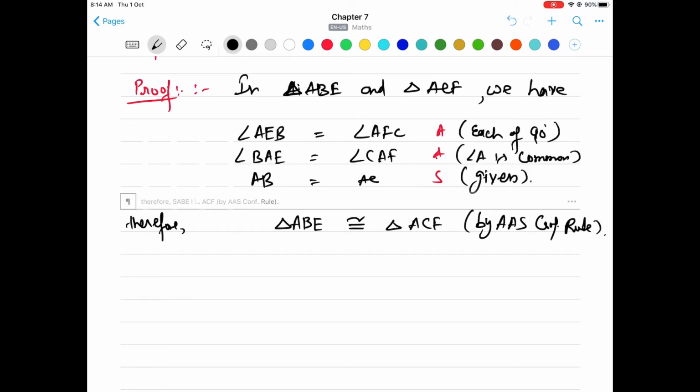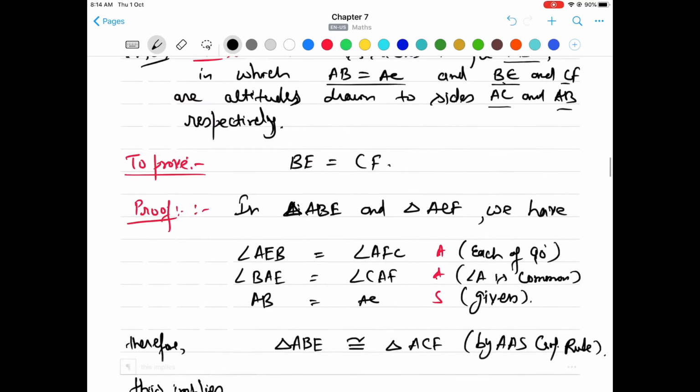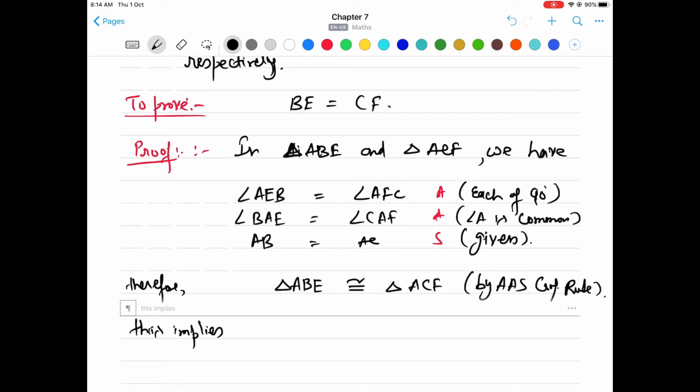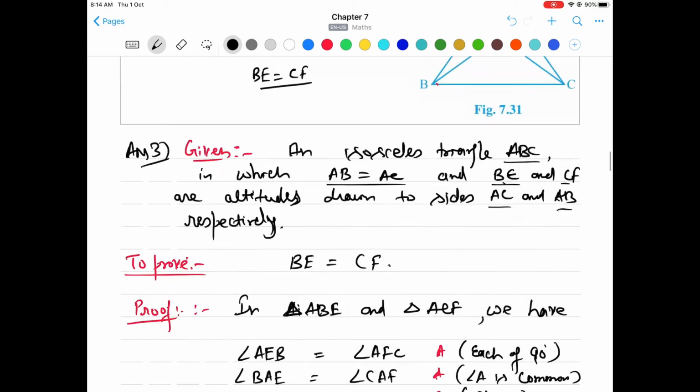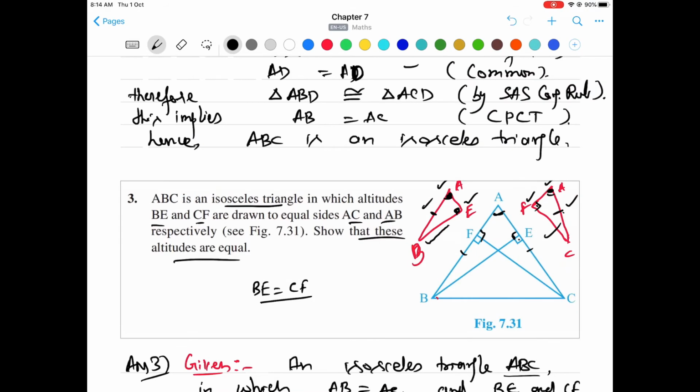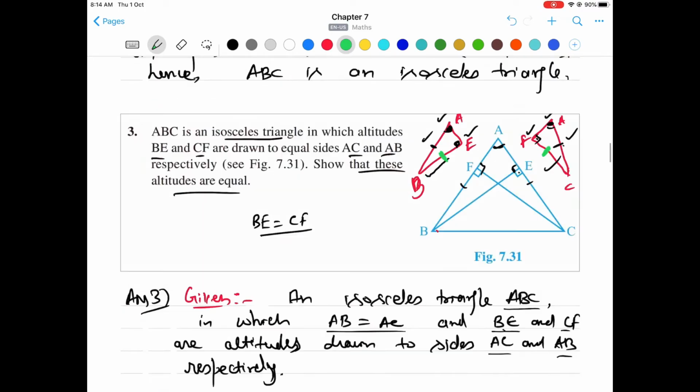And this implies that the corresponding side BE will be equals to CF. So since these two triangles are congruent, their corresponding sides, these two sides, will be equal by CPCT.